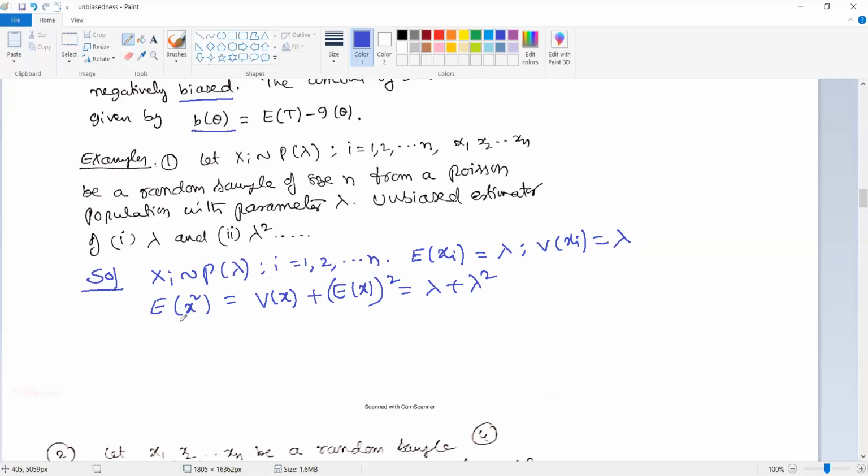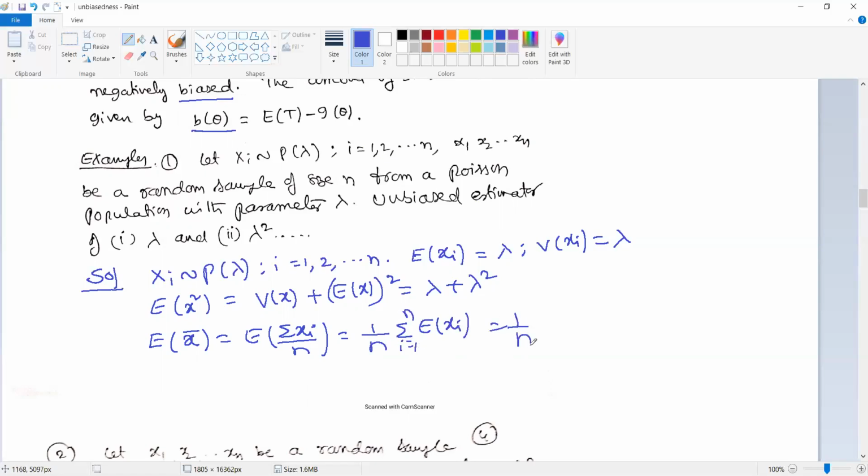Now we have to estimate the lambda value using a function of sample observations. Function of sample observations means that n samples are drawn and we have to identify a function of them. First of all, I give importance to X bar, that is summation Xi by n. In most cases X bar is a good estimator for lambda, so first of all you have to check. Expectation of X bar is 1 by n summation of expectation of Xi, i is equal to 1 to n.